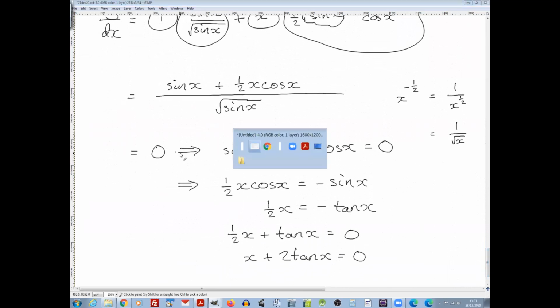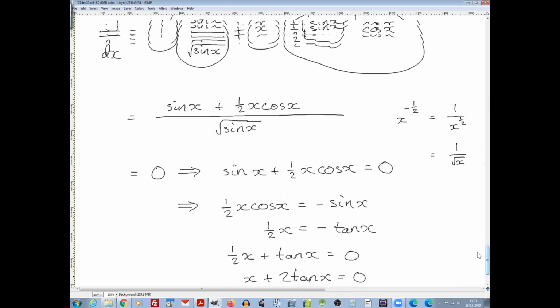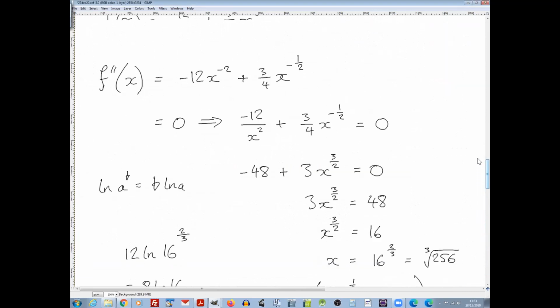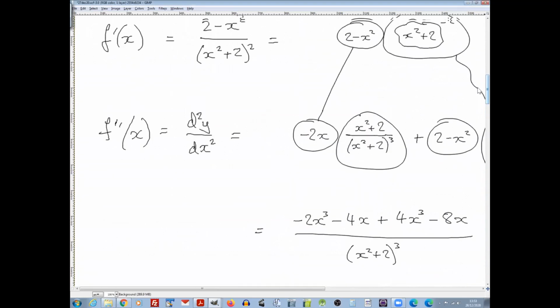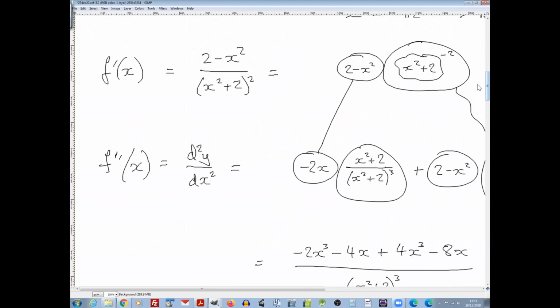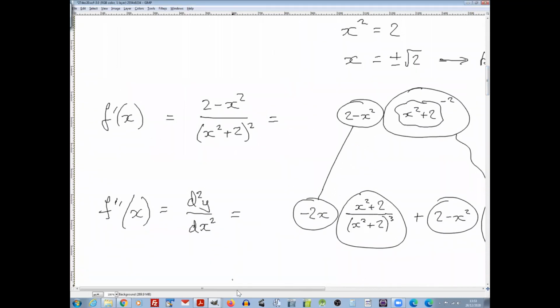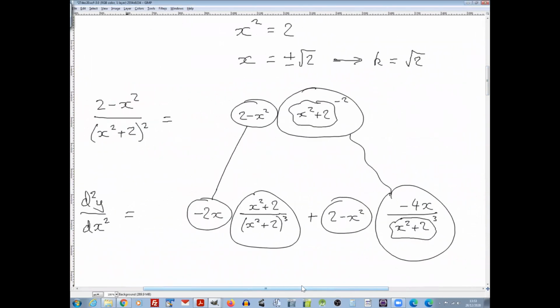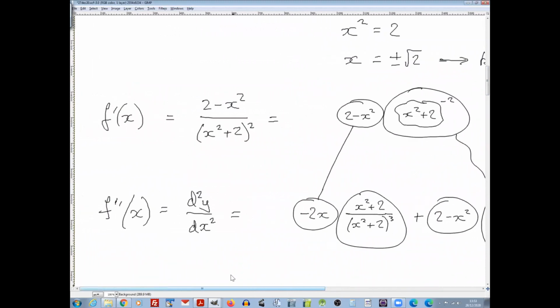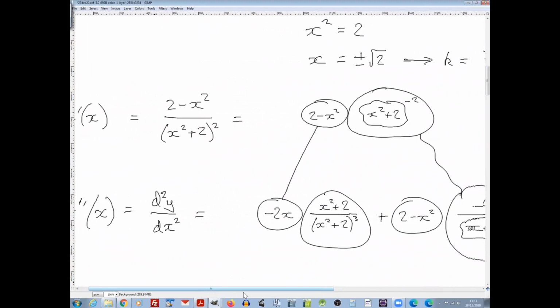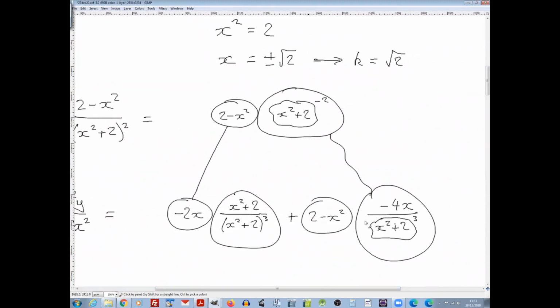Right. So, what is the quotient rule exactly? When did we last try differentiating a fraction? Here was the last time we differentiated a fraction. Here was our fraction, and here was the derivative.